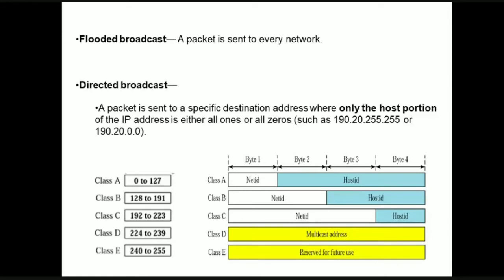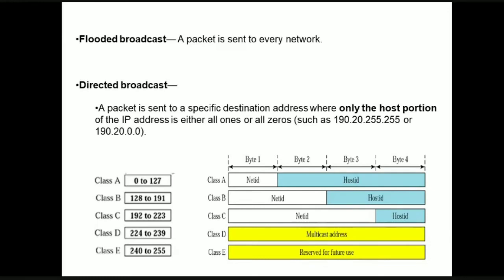If you see an example, 190.20.255.255. This is a class B IP address, right? What is the range of class B? 128 to 191. So what is the host ID part? The last two bytes, right? Byte 3 and byte 4.